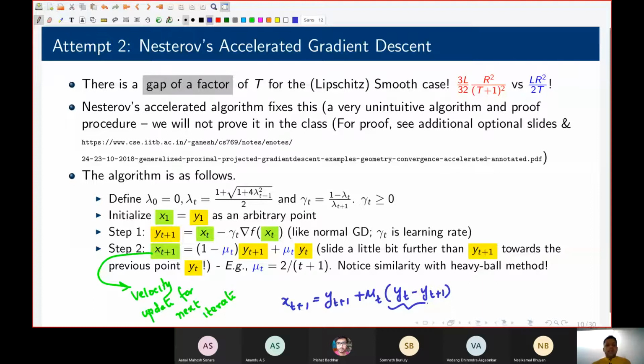Now mu t is again said to be diminishing. That's another thing I forgot to point out. But mu t is also diminishing.